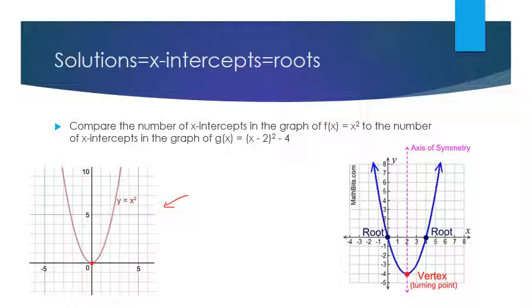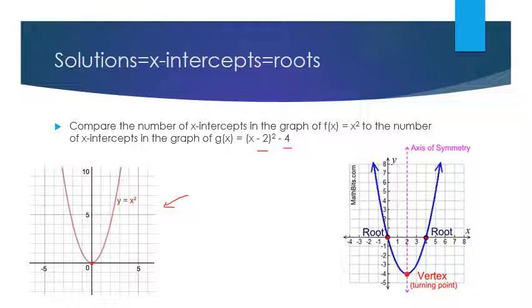When the graph shifts, like this one, which was (x minus 2) squared minus 4, it shifted down. Once it shifts down below the x-axis, it's going to intersect the x-axis in 2 places.